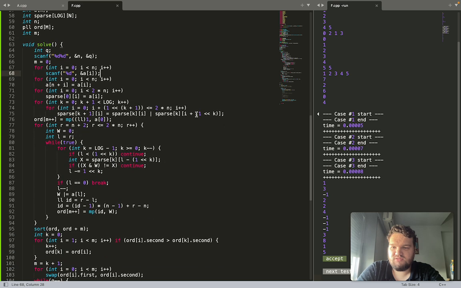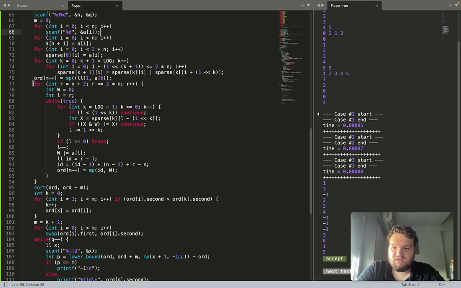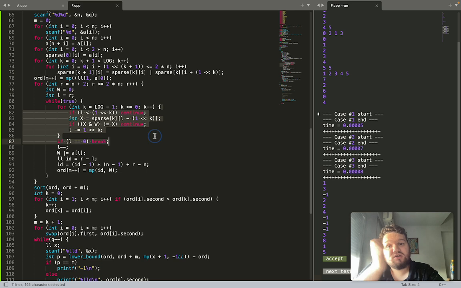So yeah, log n log c only like here. This while true does like log c operations, and here I'm doing log n for binary search or binary jumps, whatever you call it.